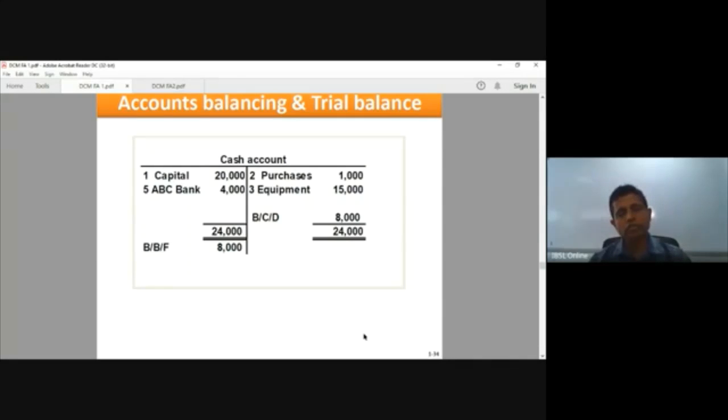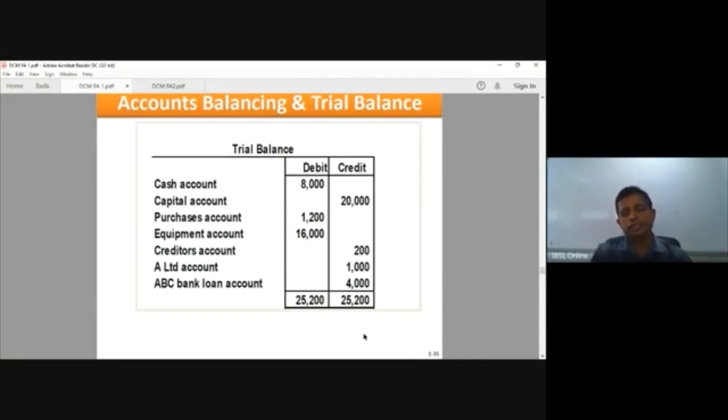Once you take the balances of all accounts, that is called a trial balance. I extracted a trial balance from the 5 transactions that we have done. The cash account has a debit balance of 8,000.